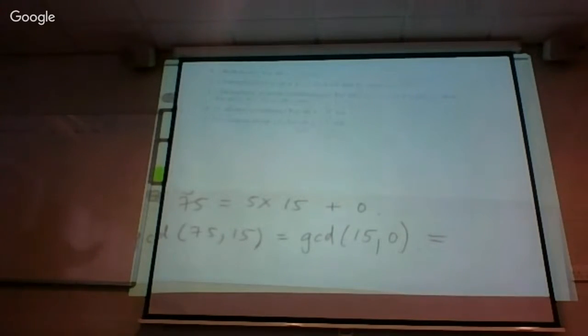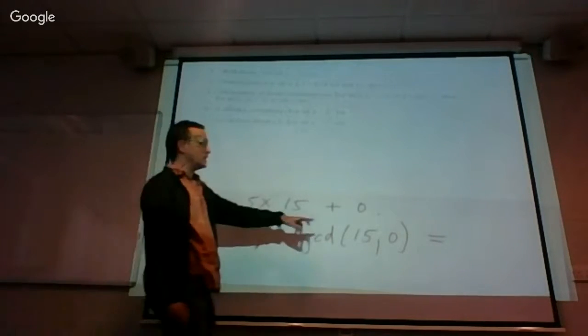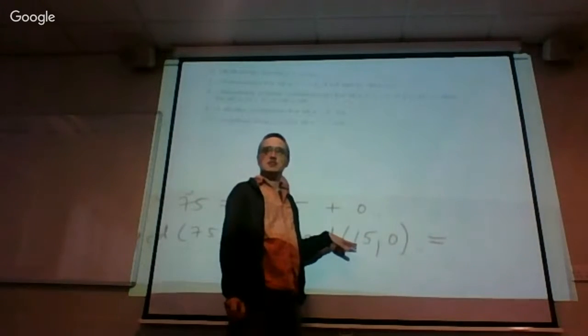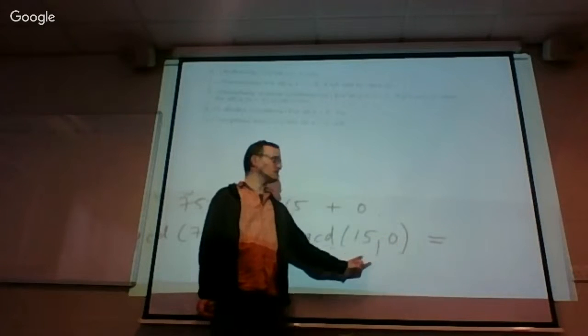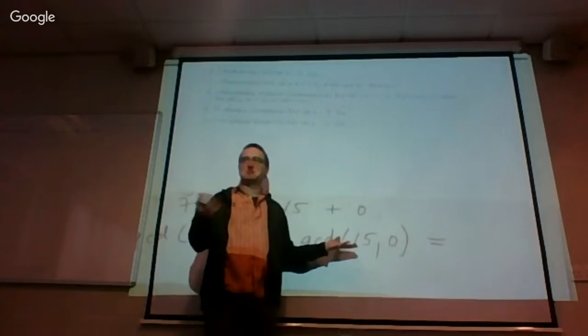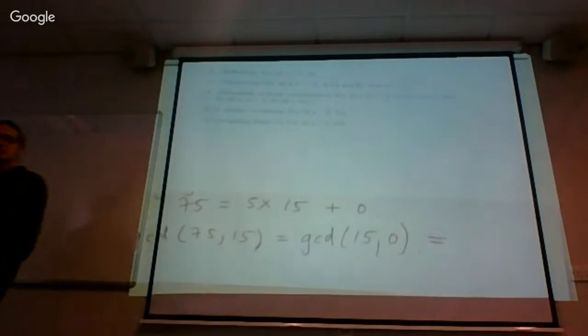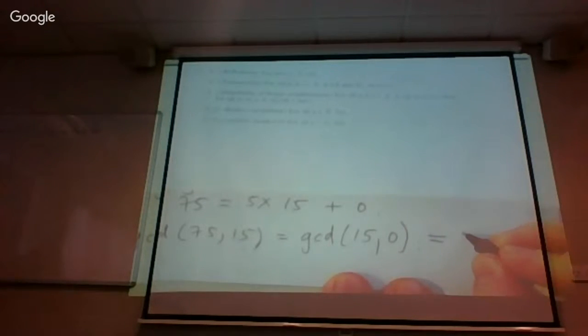In particular, 15 divides 0. Does 15 divide itself? Yes. So everything divides 0. What's the largest number that divides 15? 15 itself. So the greatest common divisor is 15.